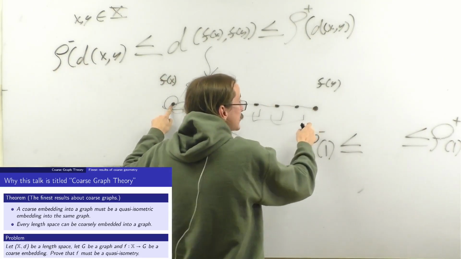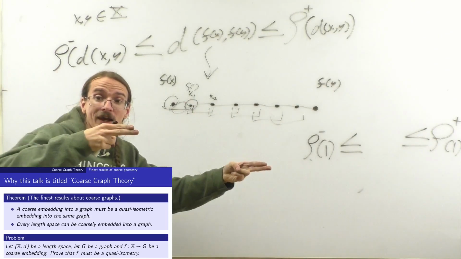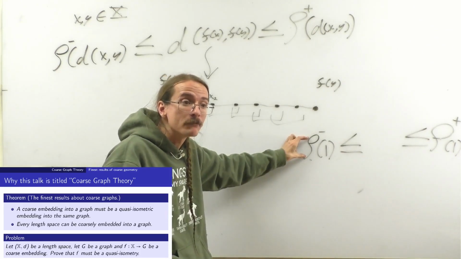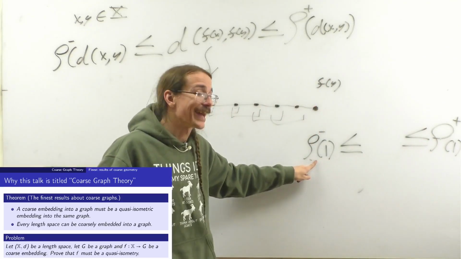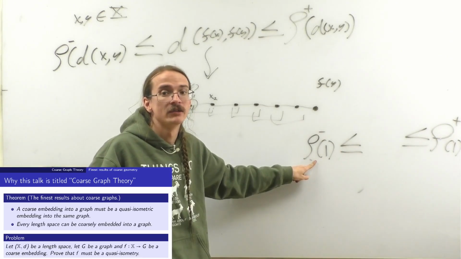This total distance is dxy. Well, that means I take dxy hops, and at each hop, I can move at most rho plus of 1, and I have to move at least rho minus of 1.